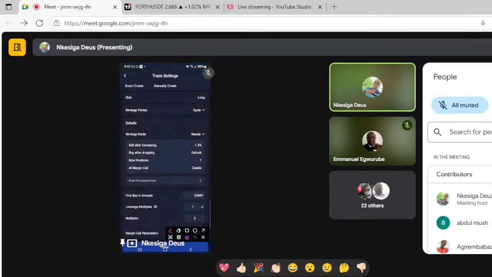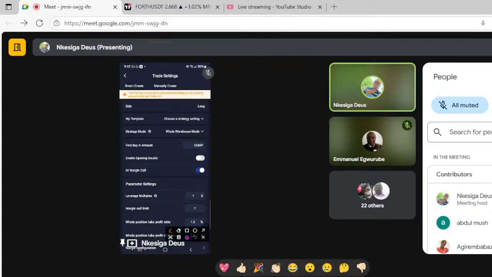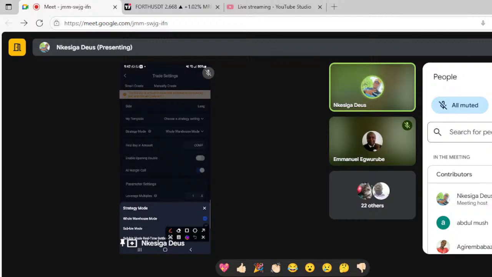Come here, manually create. Then make sure this strategy mode is under warehouse mode. Warehouse mode, don't choose anything. It should be warehouse mode.